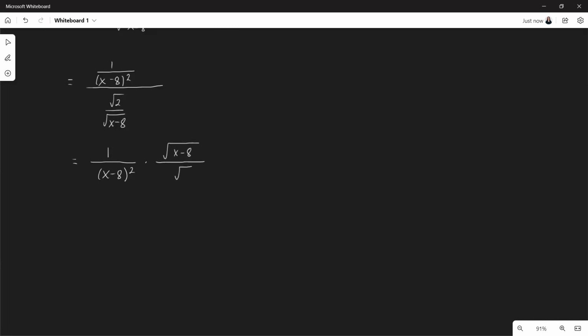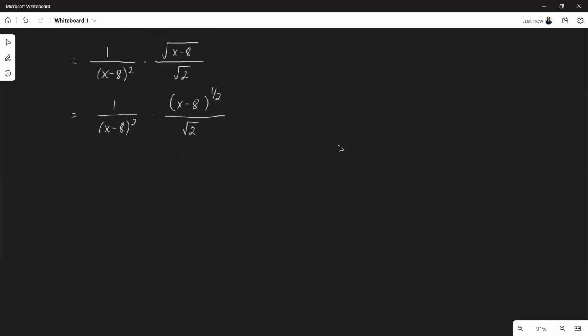So we have square root of 2. And then we can express it in u to the power of n form where n is 1/2, so x minus 8 quantity raised to the power of 1/2 since it's a square root. So the exponent is 1/2. And then just write this as square root of 2.